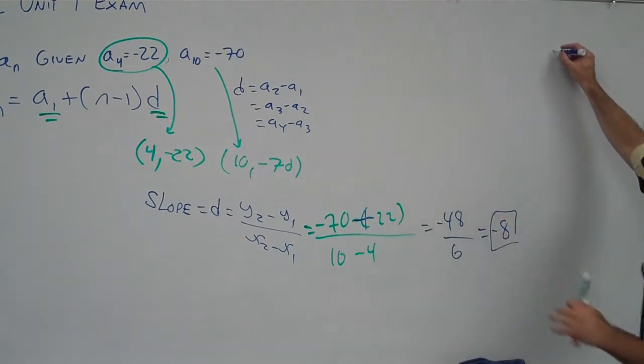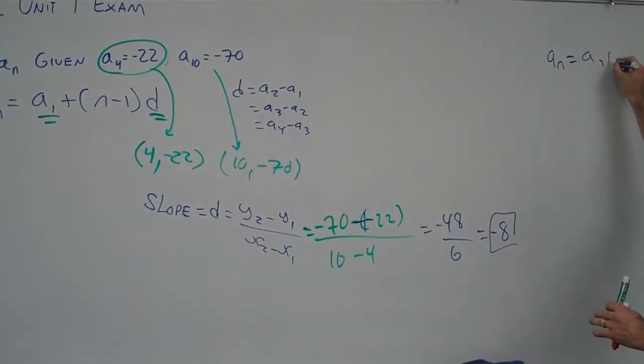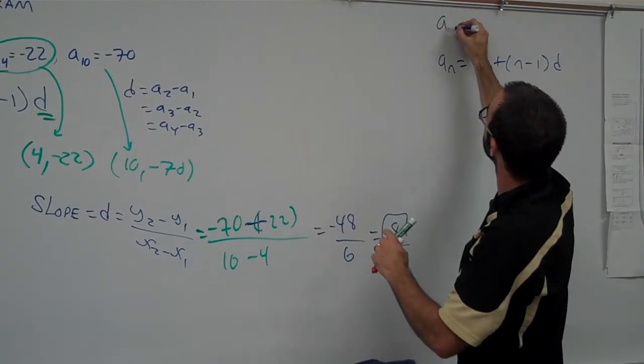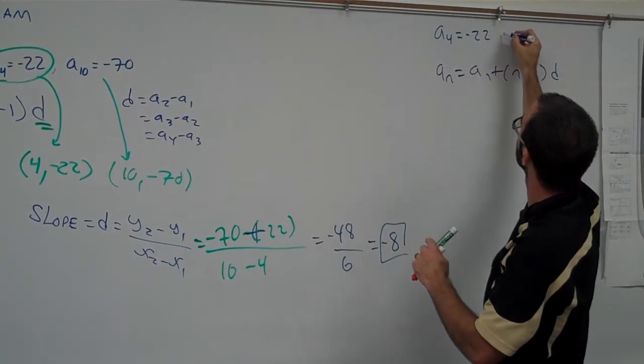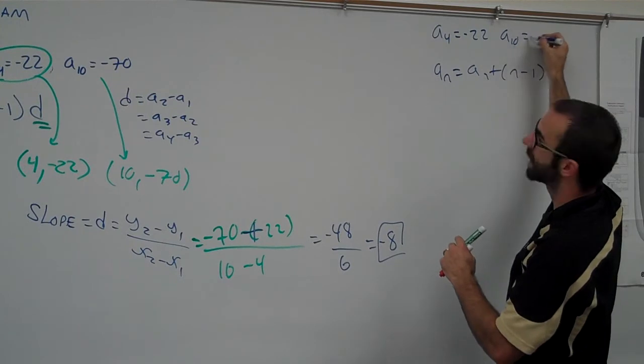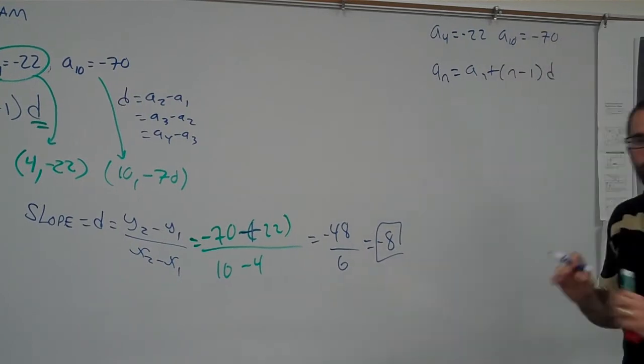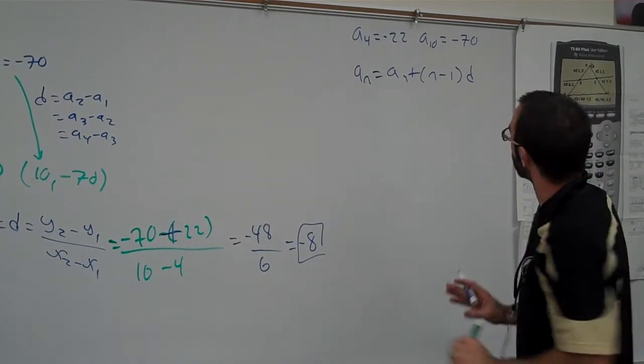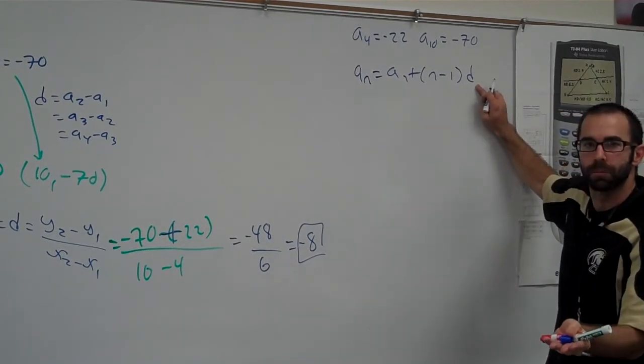So let me just rewrite our nth term: a sub n equals our first term plus n minus 1 times D. And again, we were given a sub 4 as being -22, and a sub 10 equals -70. We have to do another modification here. We know that this D is -8.